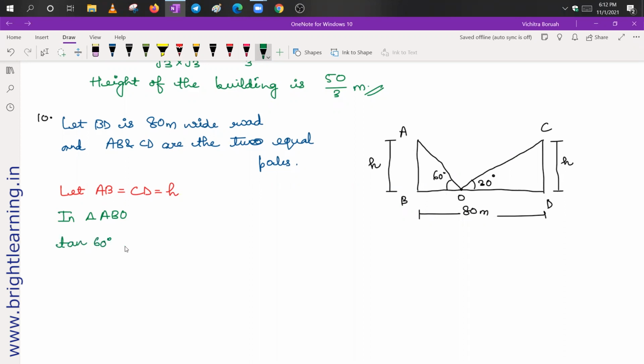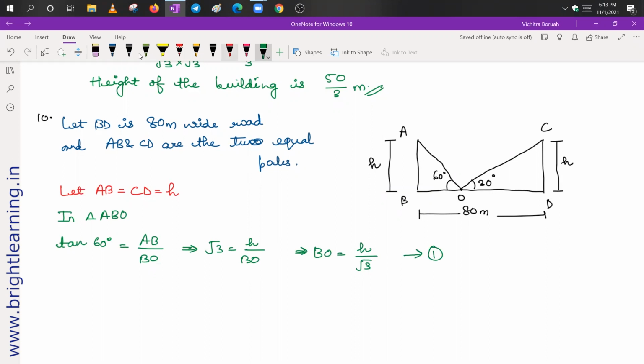So tan 60 degrees is equal to AB upon BO. Now tan 60 degrees, we know that it is equal to root 3. AB we have considered as H upon BO, which we don't know. So from here we can say that the length of BO is equal to H upon root 3. Suppose this is the first relation.